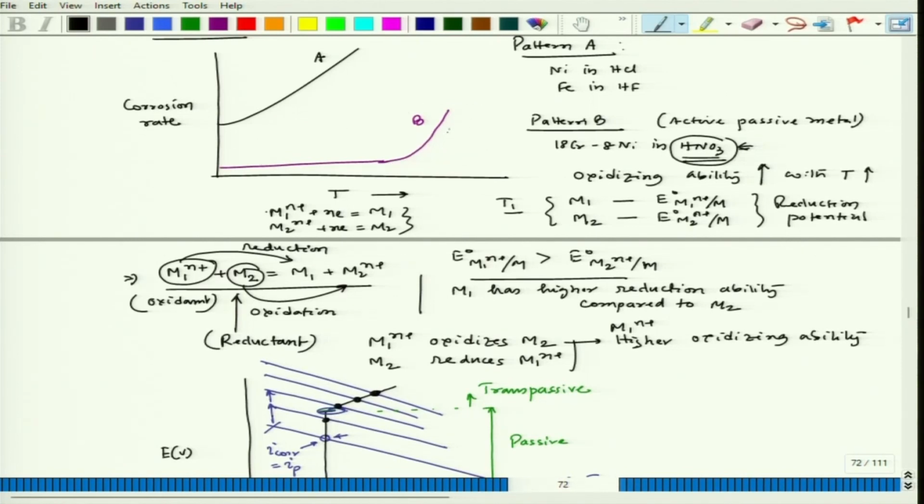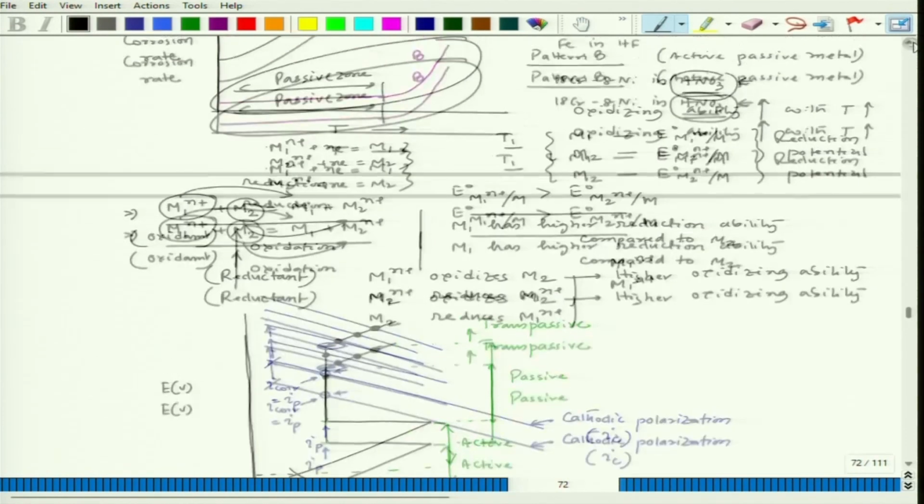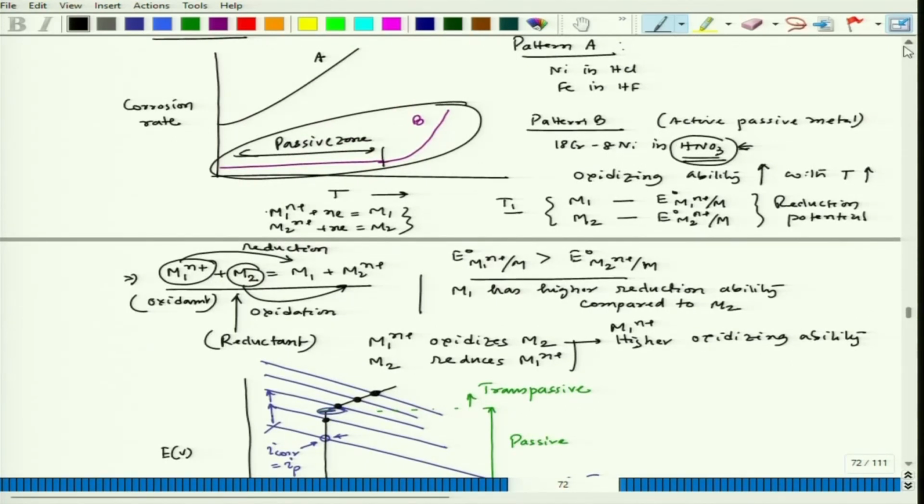What we could see here is that initially, up till this point, it maintains the passive zone, and as the oxidizing ability increases, the reduction potential goes up, and the corresponding cathodic polarization line is cutting the active-passive anodic part initially in the passive zone and then goes into the transpassive zone.